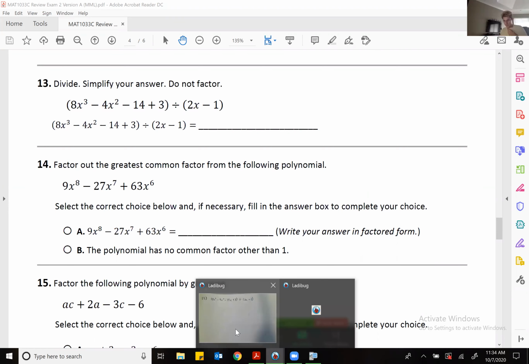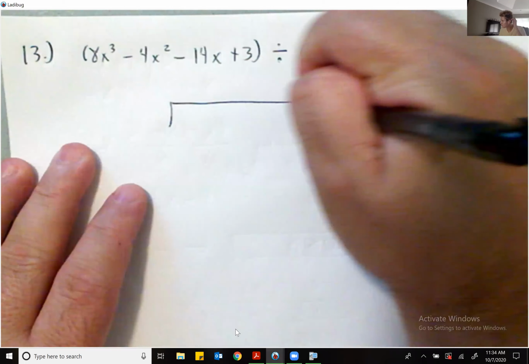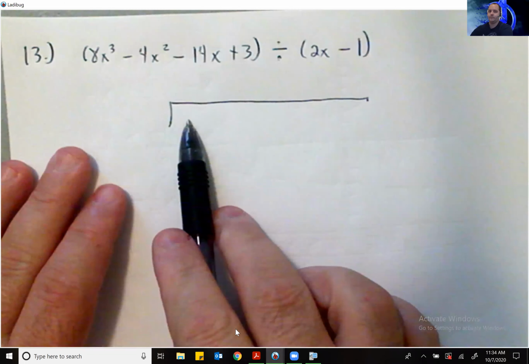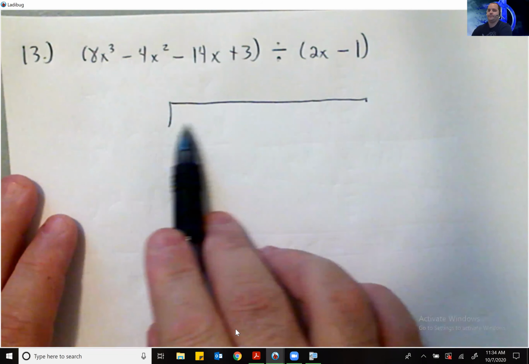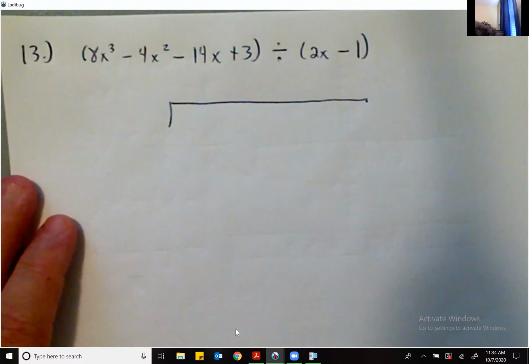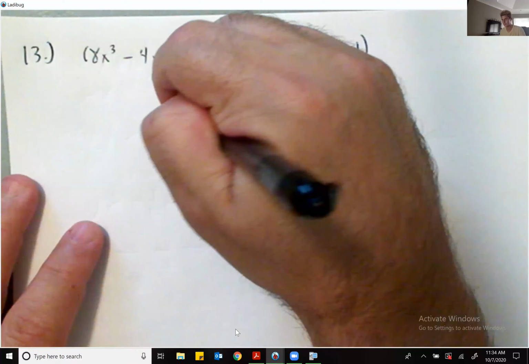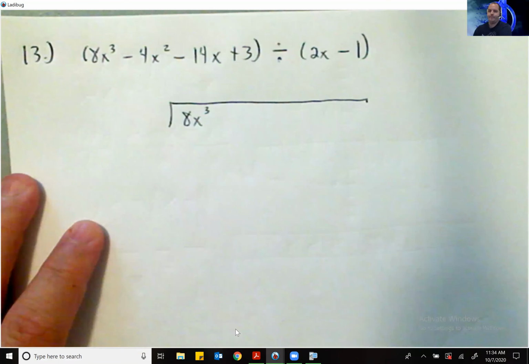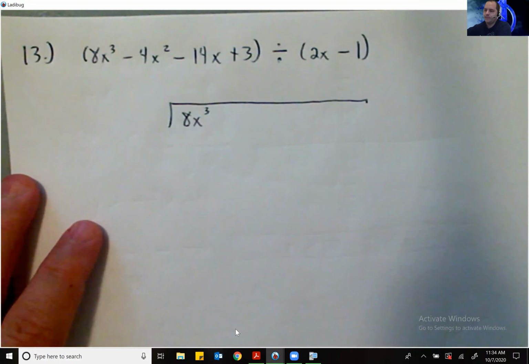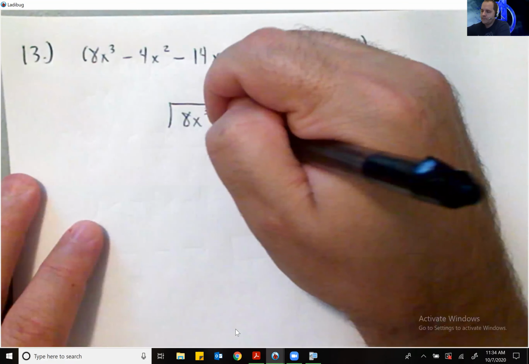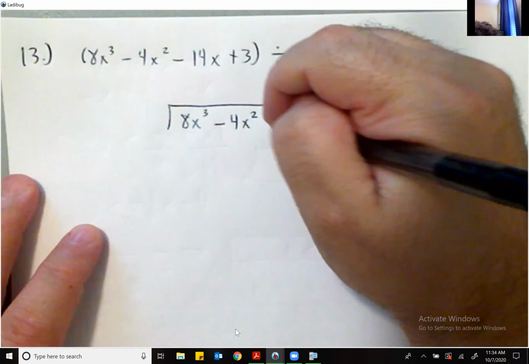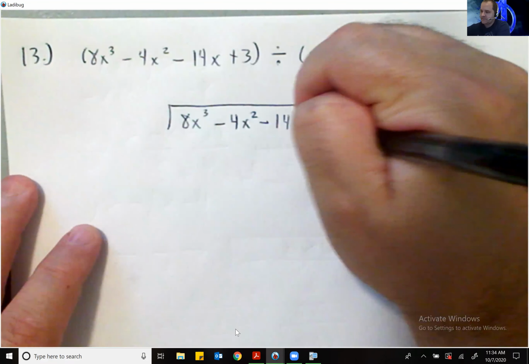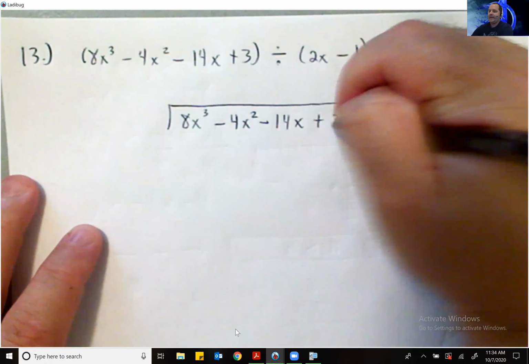When we do long division, what goes under here? 8x cubed. Okay. That it? Minus 4x squared. Okay. That it? Minus 14x plus 3.